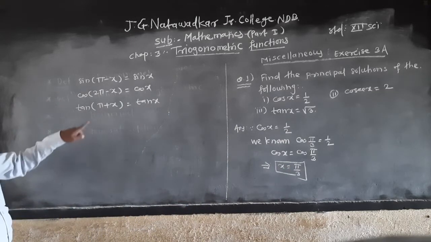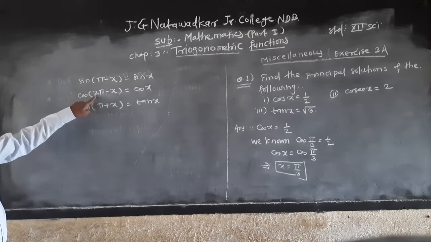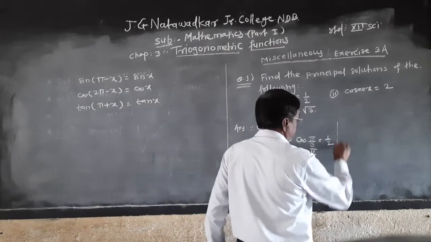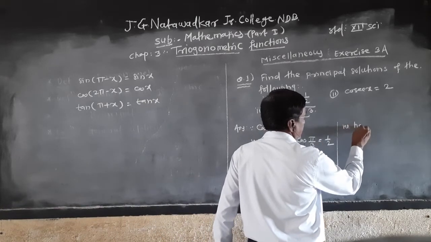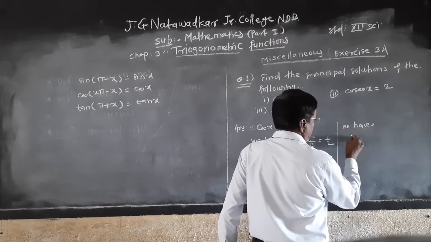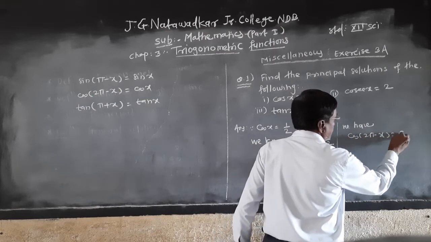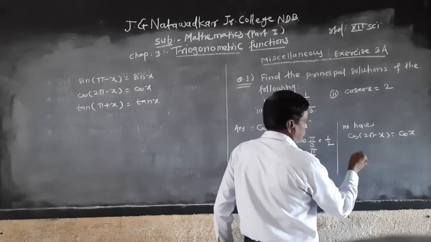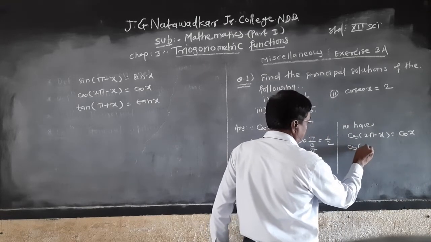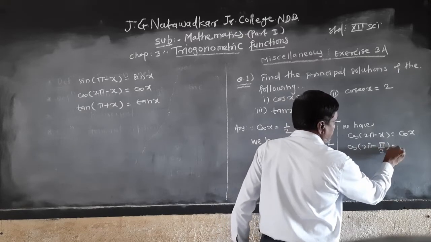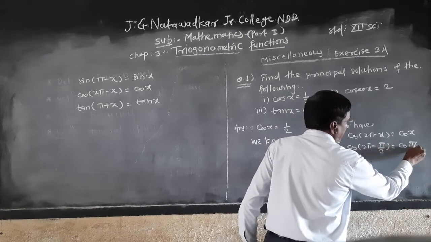Now after this, in case of cos, we use the formula cos of 2 pi minus x is equal to cos x. Substitute here the value of x as pi by 3, so cos of 2 pi minus pi by 3 is equal to cos of pi by 3.